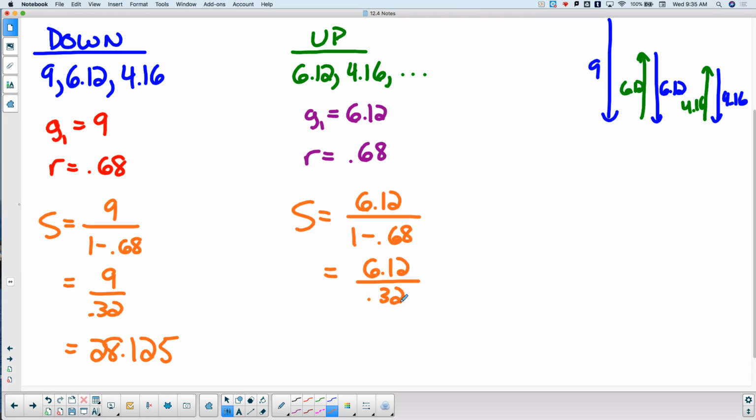And for that one, I get 19.125. So the total distance that the ball went is what? 47.25 feet. How'd you get that? I added the two sums together. So it's the sum of the downs plus the ups, right?